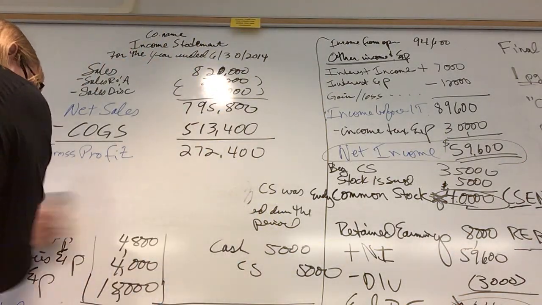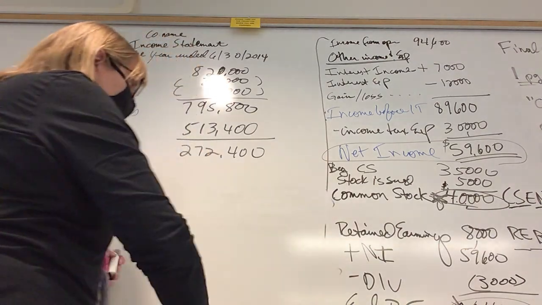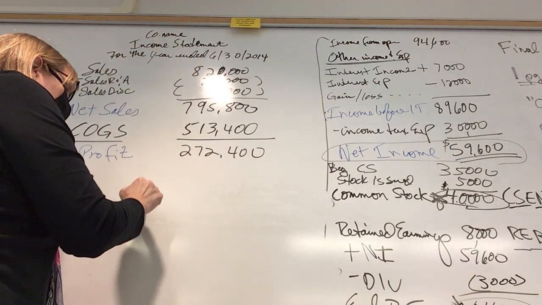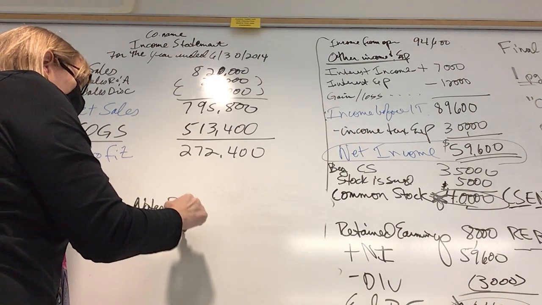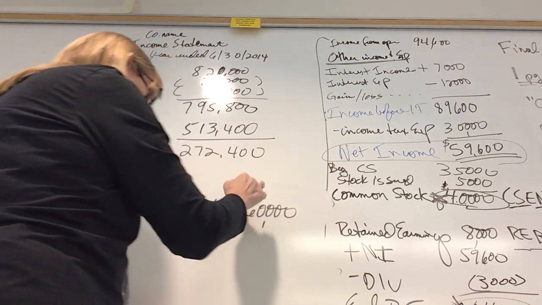So, how this works is on the list, it'll say notes payable, $60,000 or whatever the number is.